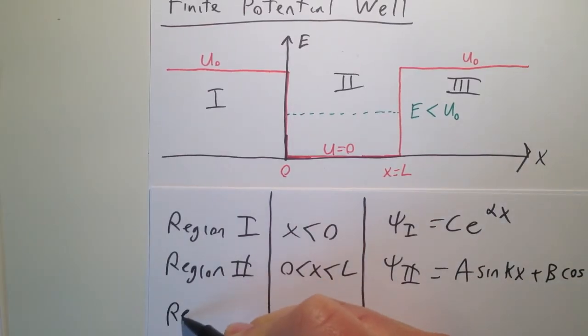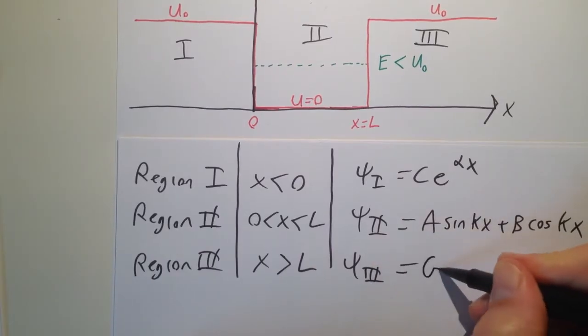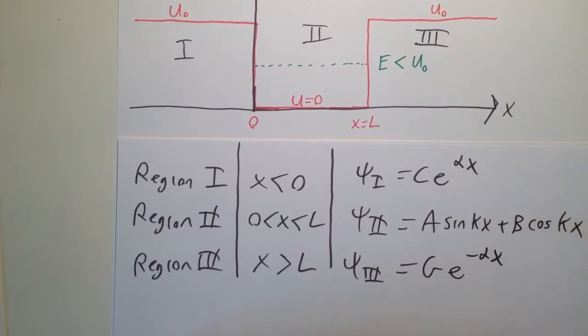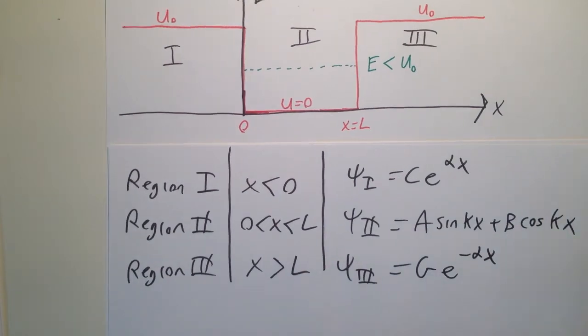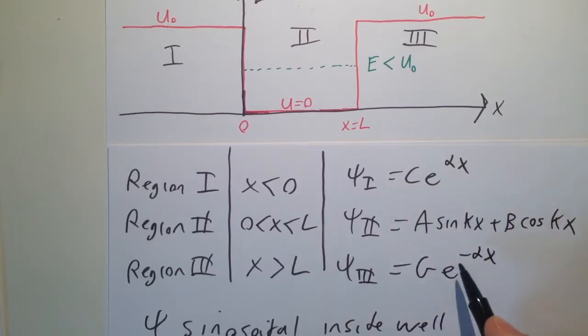And in region 3, which is x greater than L, we found the wave function to be equal to g e to the minus alpha x. We'll note right away that inside the well, the wave function is sinusoidal. And outside of the well, we have decaying exponentials.